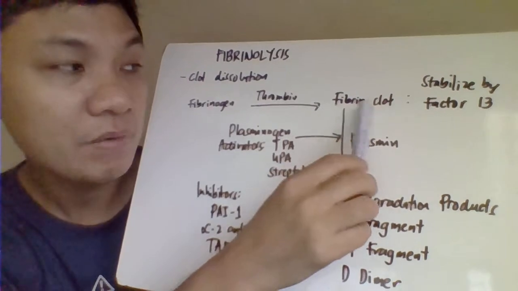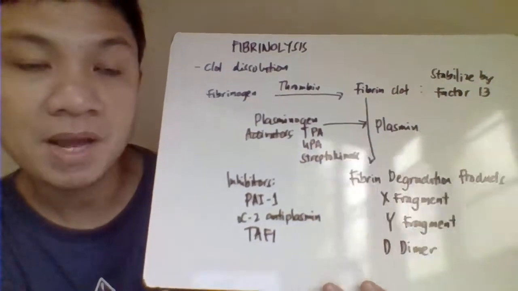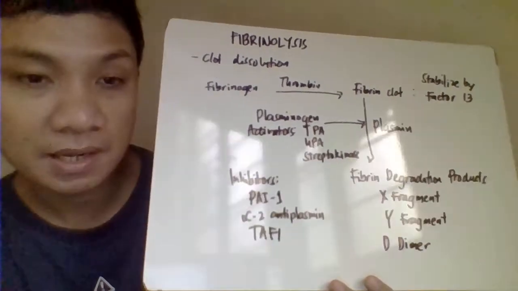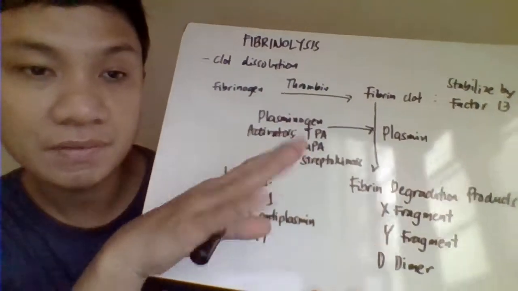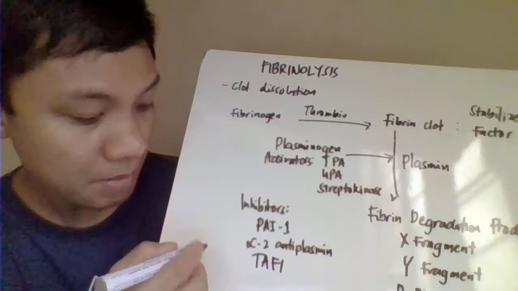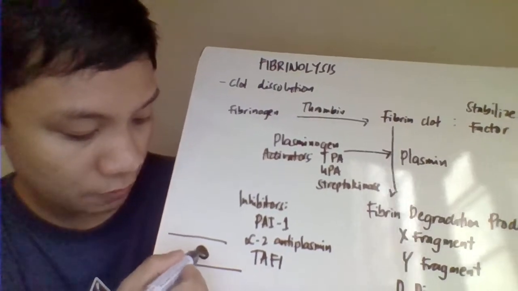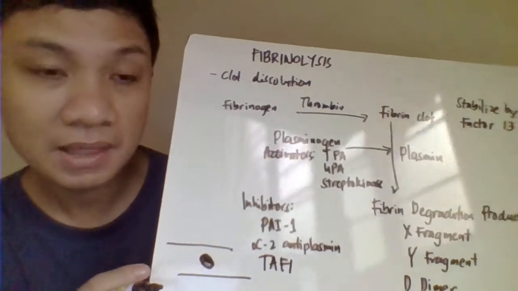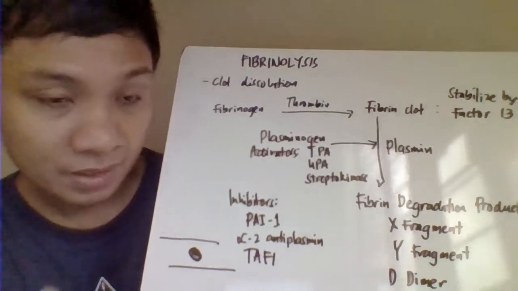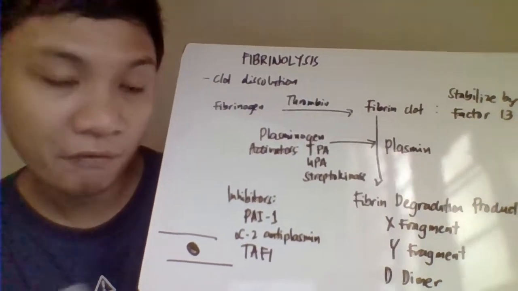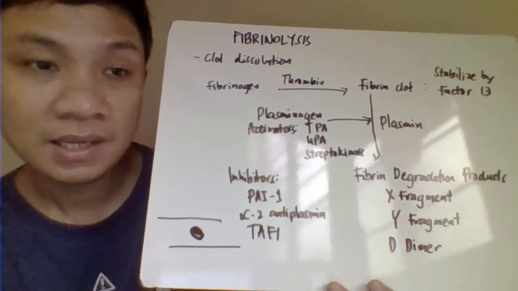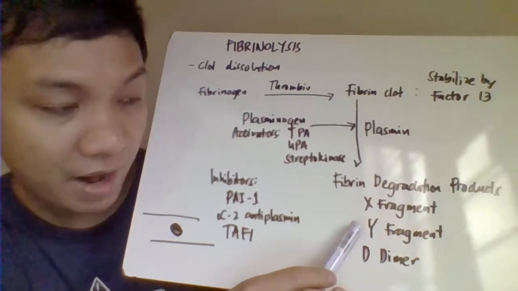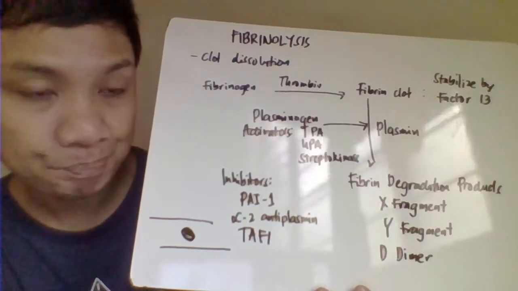Your fibrin clot should eventually be acted upon by the plasmin, converting it to our fibrin degradation products, in order for you to dissolve the clots within our blood vessels, because normally dapat wala tayong clot dito. Nagkaroon lang tayo ng clot because again, you have a tissue injury. But then again, you should also remove that one. So your fibrin degradation products na mapaform here with the dissolution of your clot include your X fragment, your Y fragment, and also your D dimer.